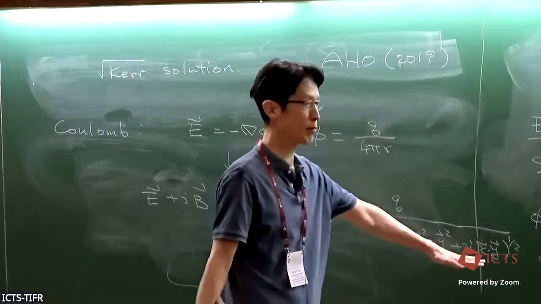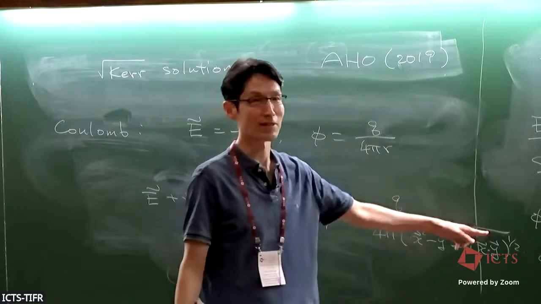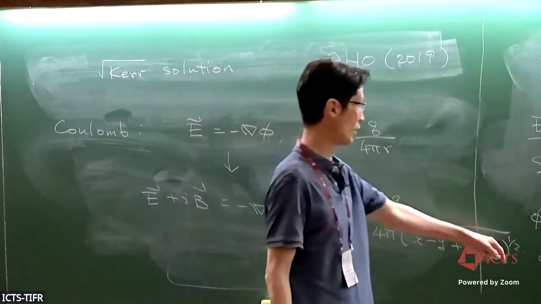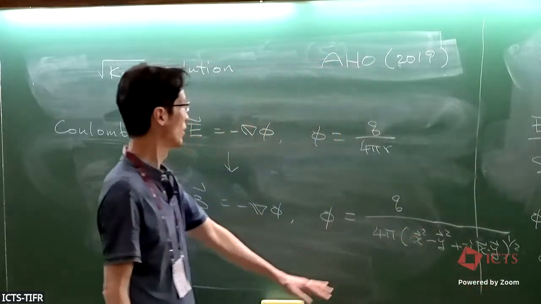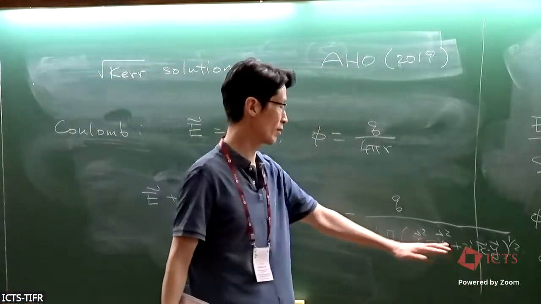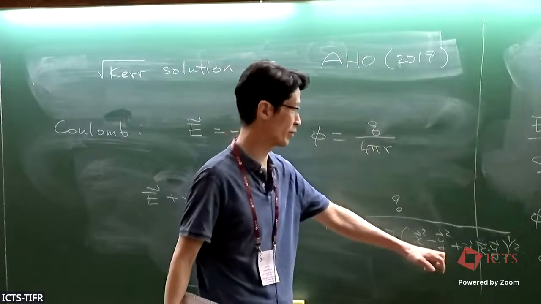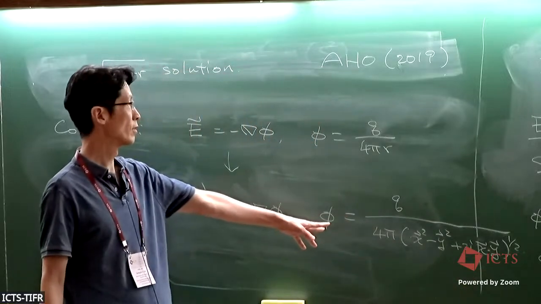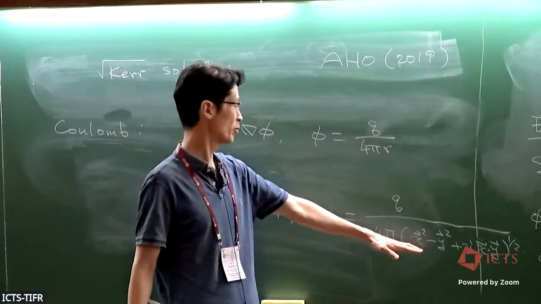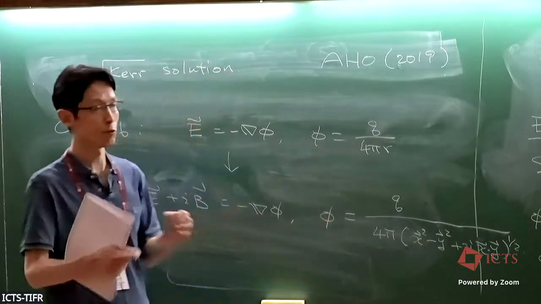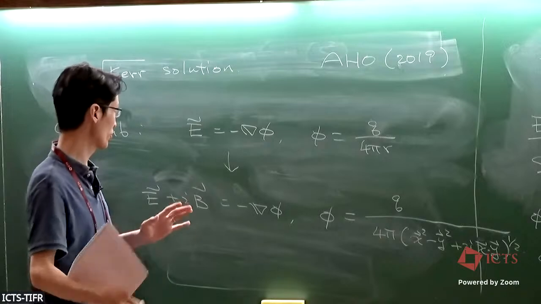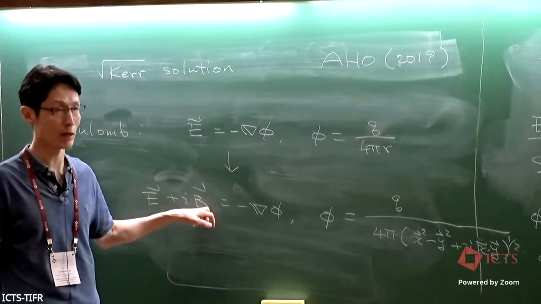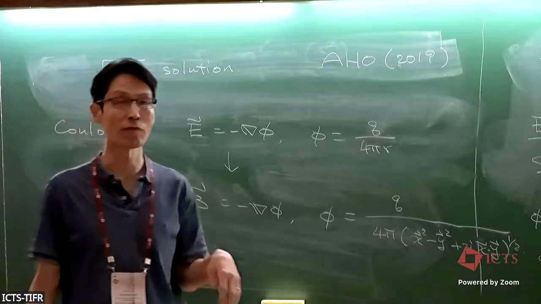So it's not absolute value. It's a complex squared, and then taking the square root. So if you expand this potential in terms of this y, then you have some complex vector field, and you separate the real part and the imaginary part. The real part gives you the electric field, and the imaginary part gives you the magnetic field.